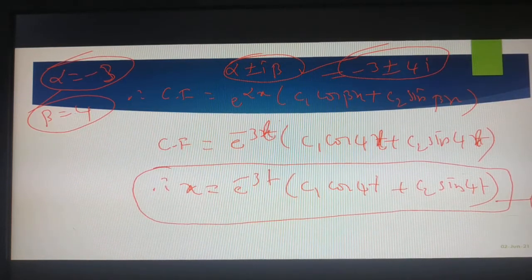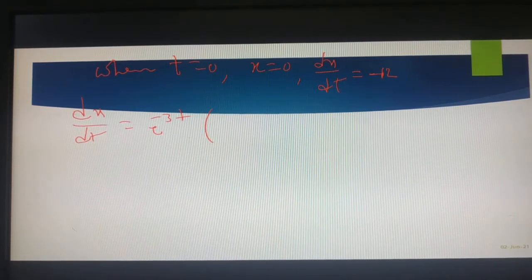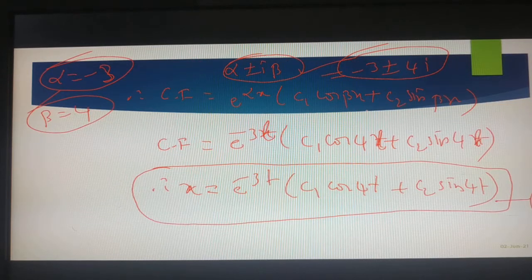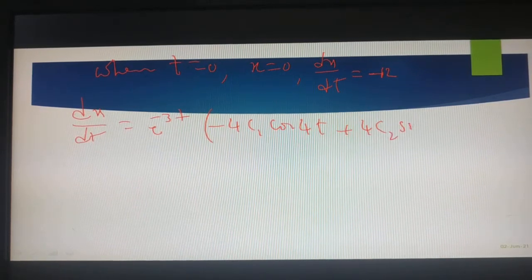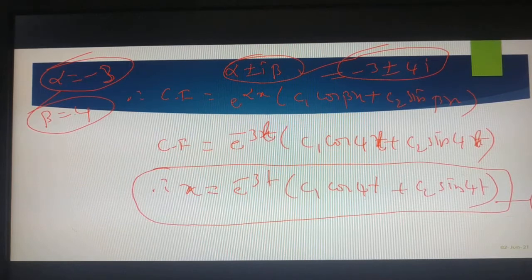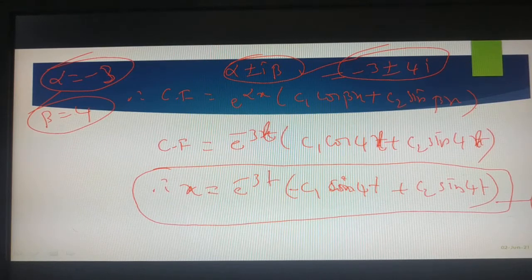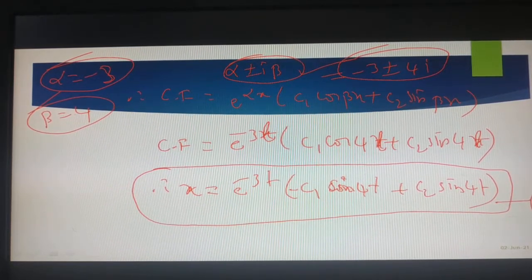C1 cos 4t, derivative for this is minus 4c1 sin 4t, and next is plus c2 sin 4t, derivative is plus 4c2 cos 4t. This is our answer.